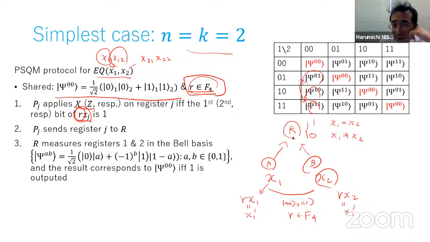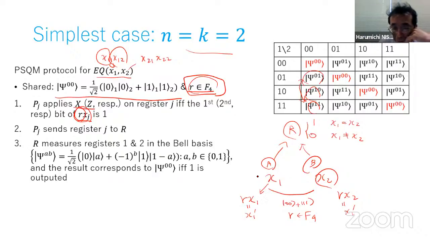Question: I'm very confused, because the local state is a maximally mixed state. In that case, we don't need R, even if player one applies some unitary, because the state is still maximally mixed. So then we don't need R, I think.